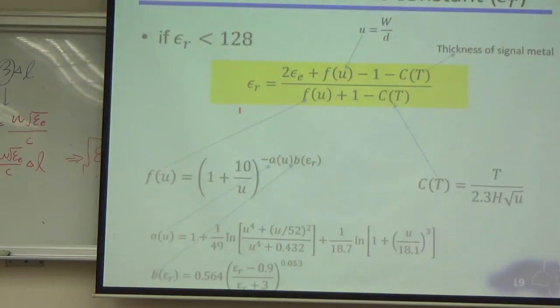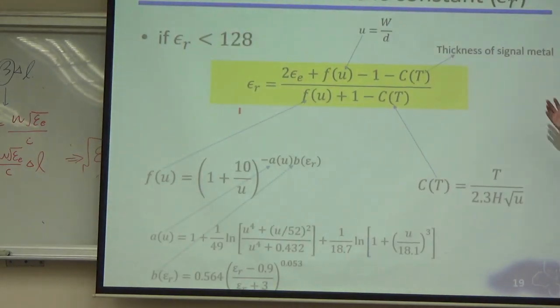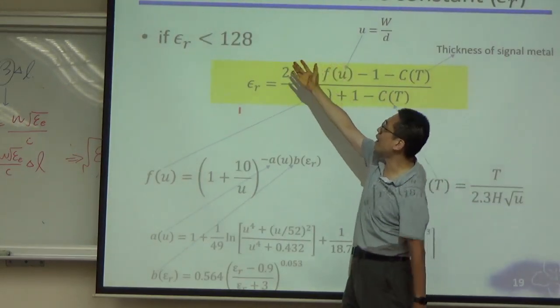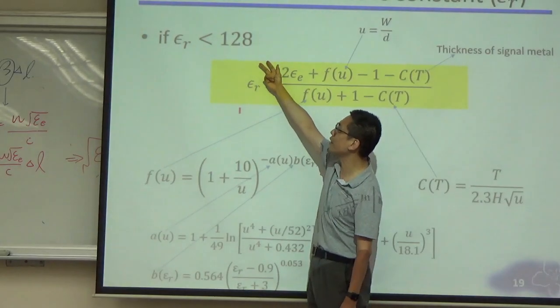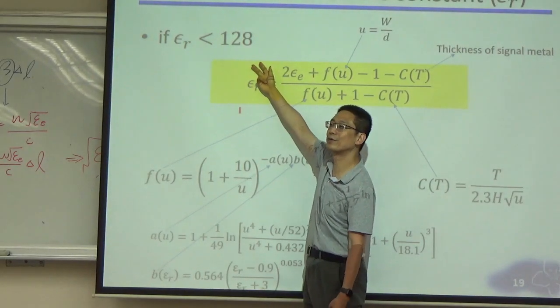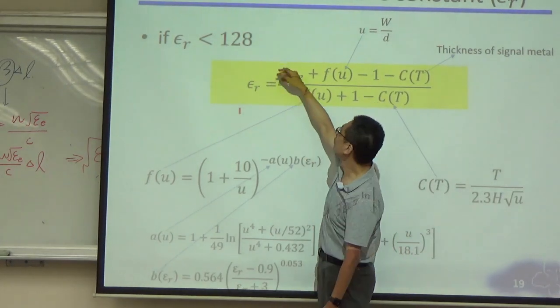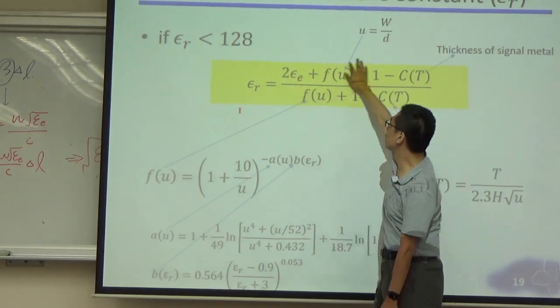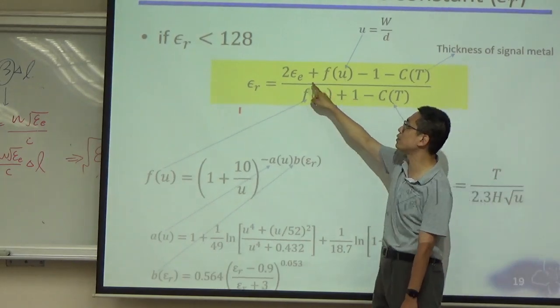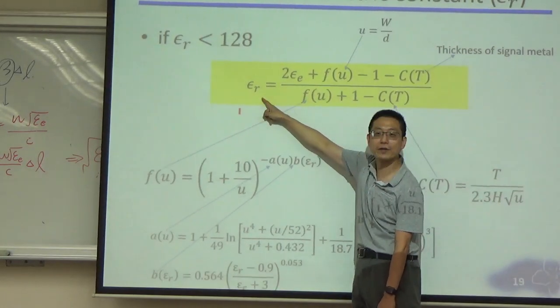If you have epsilon r less than 1 to 8, I don't think you will measure material more than 1 to 8, you can directly use this equation. You put in epsilon e, you find epsilon r.